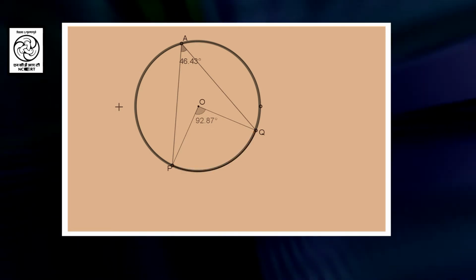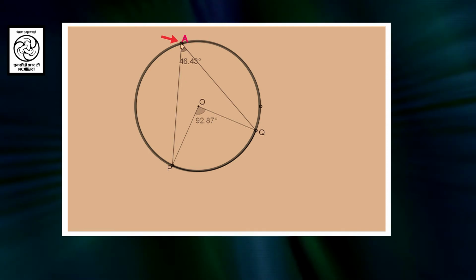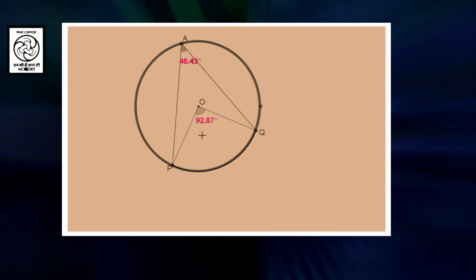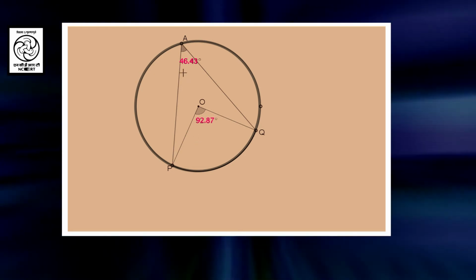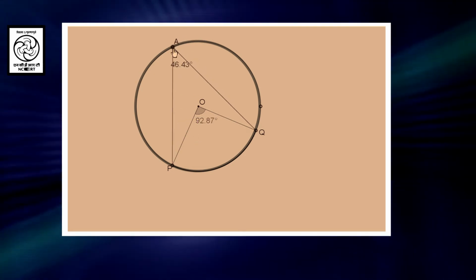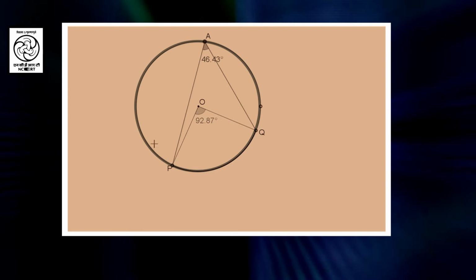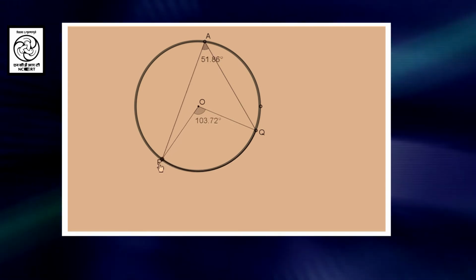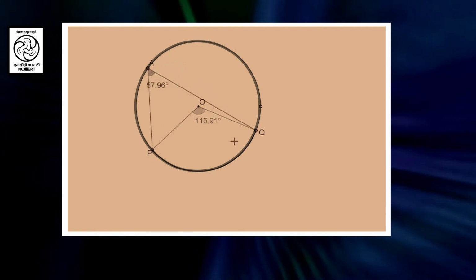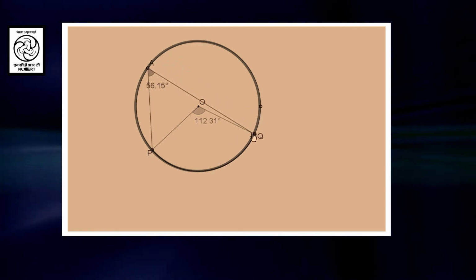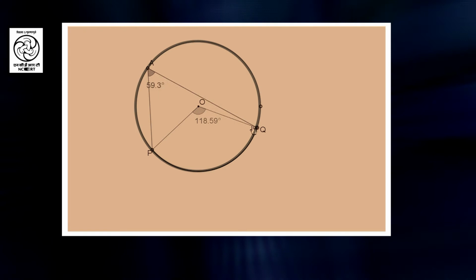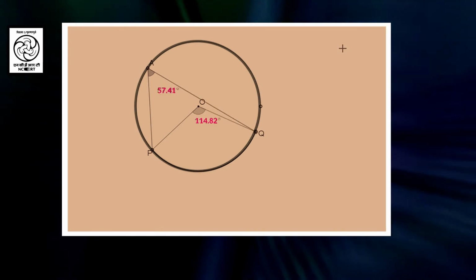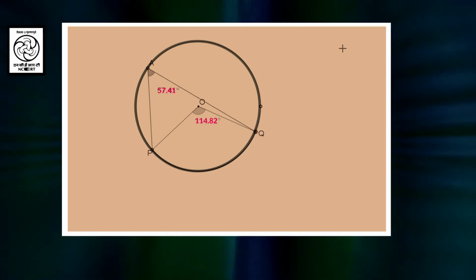Let us move point A. Right now what you can see is that angle PAQ is half of angle POQ. And even if we increase the angle, the relationship remains the same. So, at any position the relationship remains the same, that is, angle PAQ is always half of angle POQ.